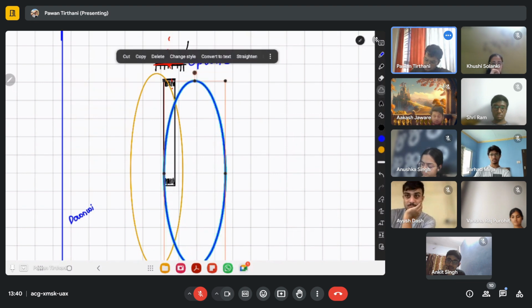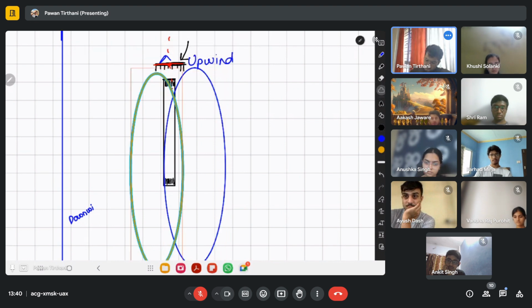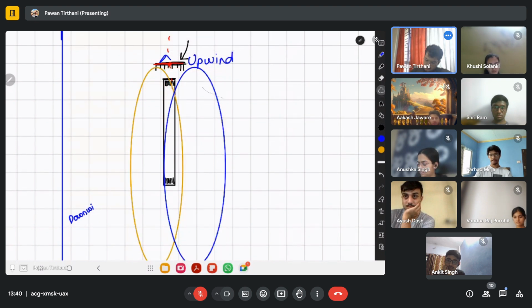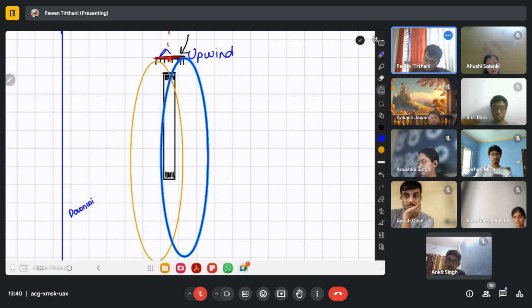Two lobes. Any doubts? Any doubts? No doubts?